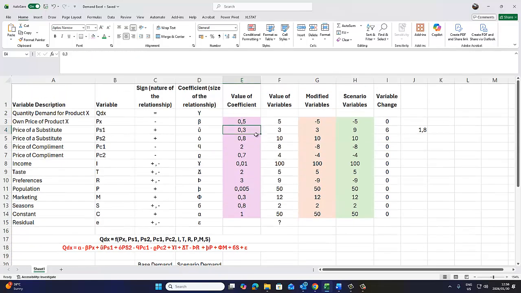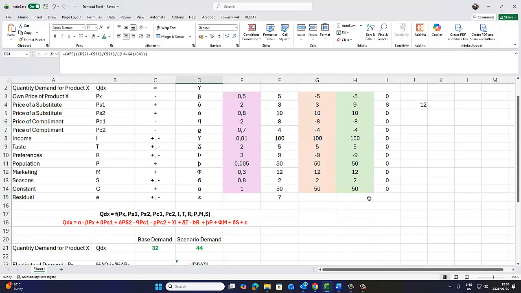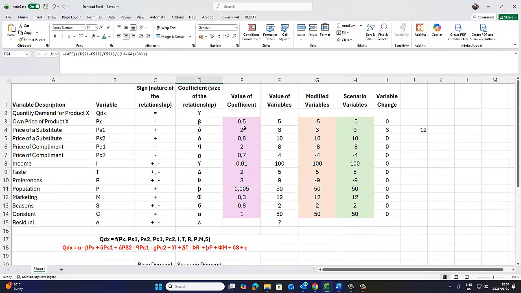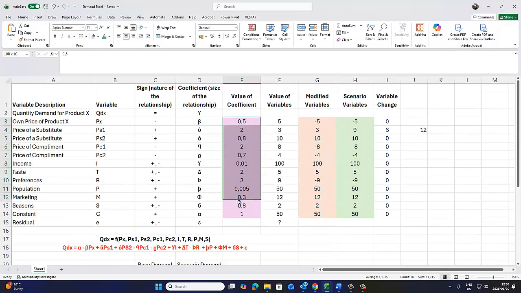If we make that 2, you'll see now all of a sudden it's a little bit different. The price increased by 6, quantity demanded increased by 12. Now the elasticity is very, very different. So this variable here is actually very, very important. This coefficient is the size of the relationship.